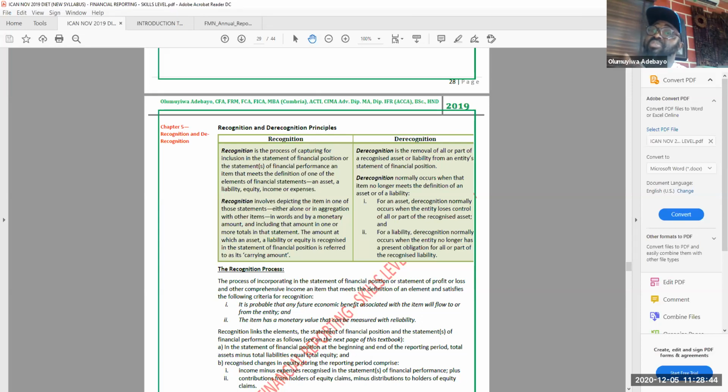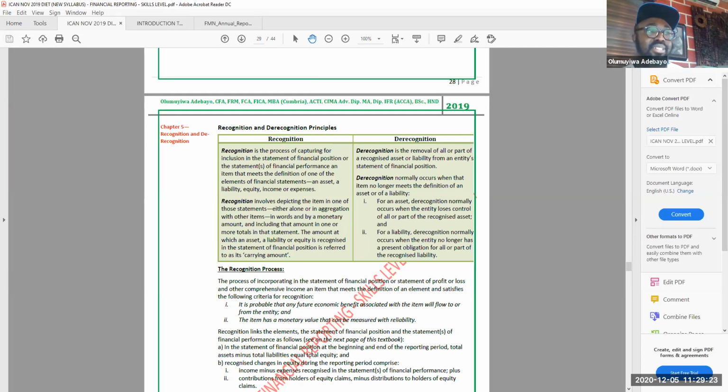If I buy something from you for 10 naira, and I've only paid you 2 naira, I will only derecognize 2 naira by reducing my liability from 10 naira to 8. You understand? Which means derecognition can be partly done over time. But recognition means you are bringing any new thing for the first time to join what exists before or what has not been existent before, while derecognition means you are removing what formerly exists in your books out of your books because settlement has taken place, right has been lost, or something has expired or is no longer required.